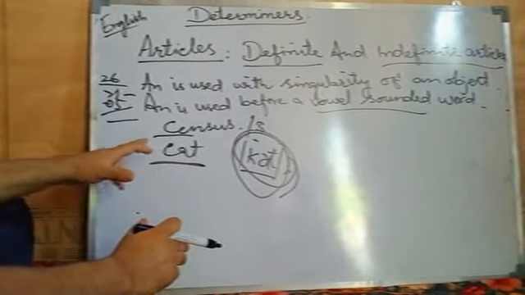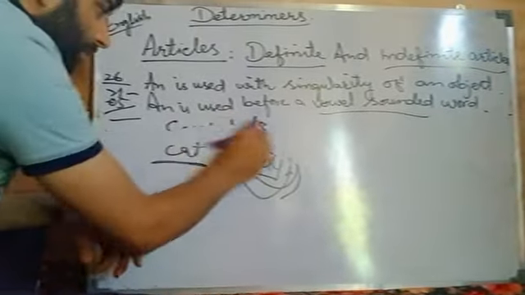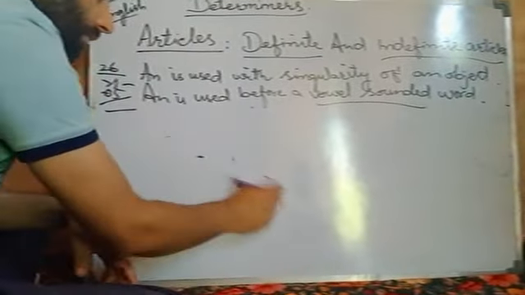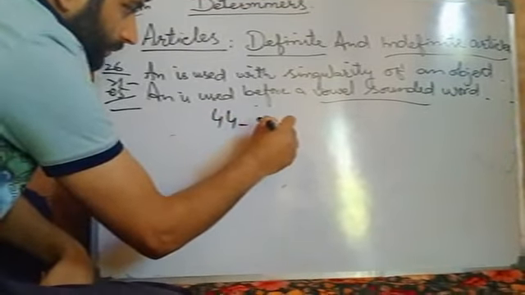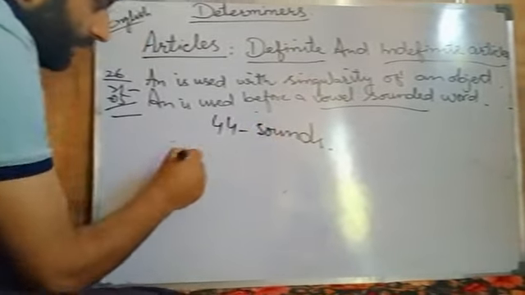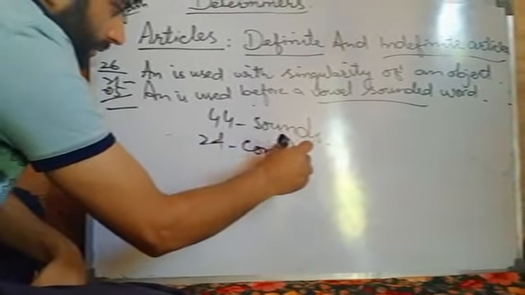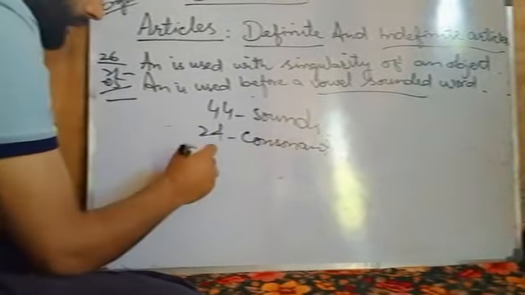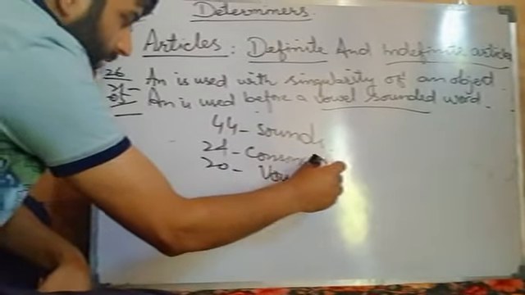So in total we have 44 sounds, 24 are consonant sounds, and 20 are vowel sounds.